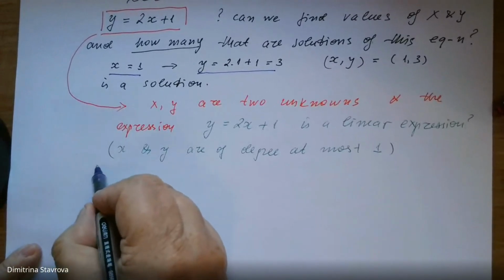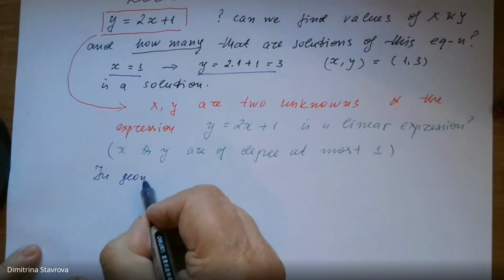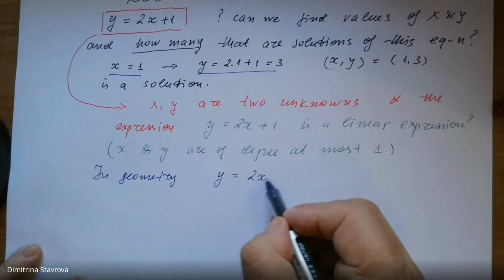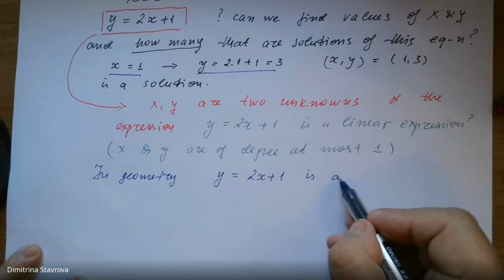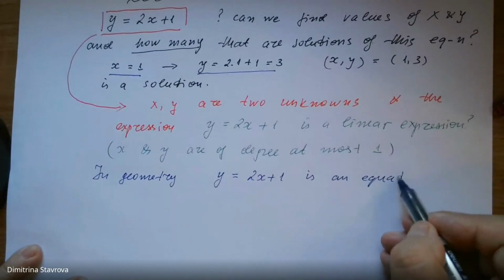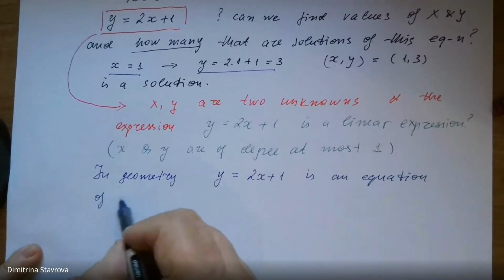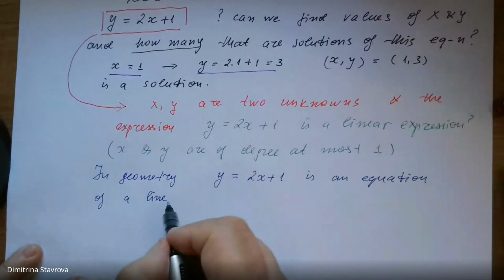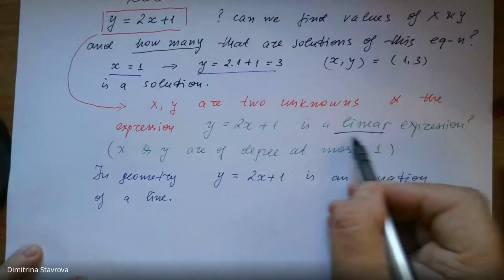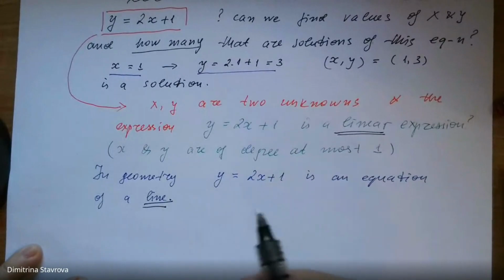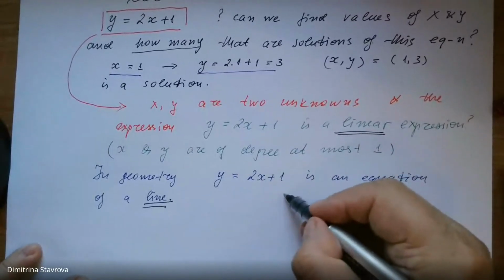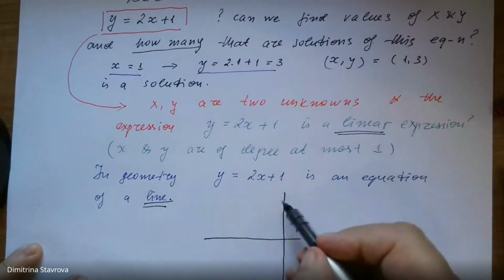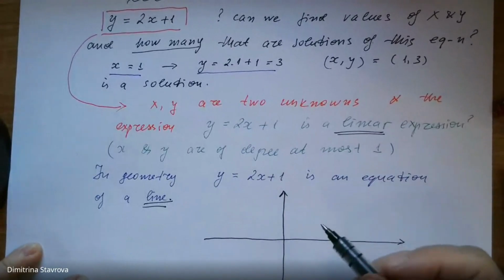In geometry, y equals 2x plus 1 is an equation of a line. Pay attention to linear and line. What does this mean? Let's draw very briefly and approximately the equation of this line.